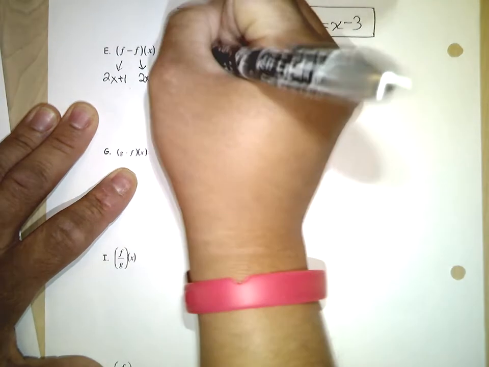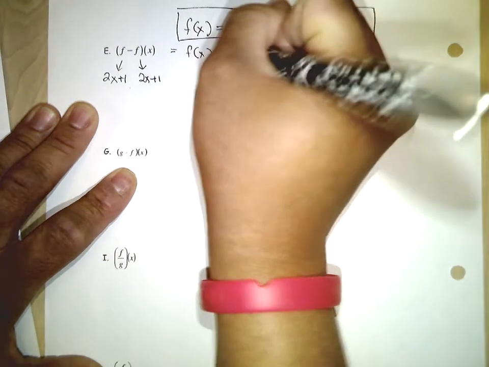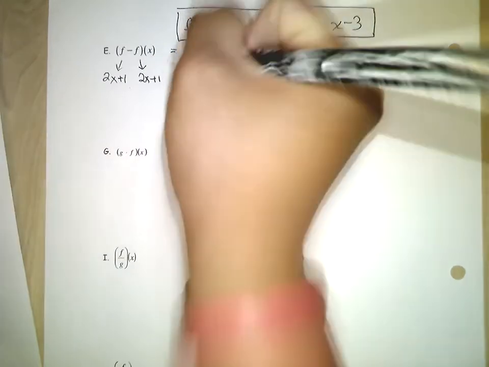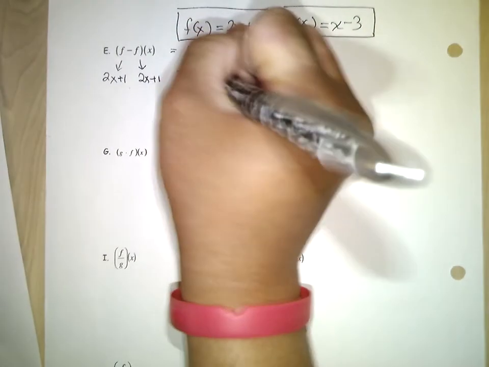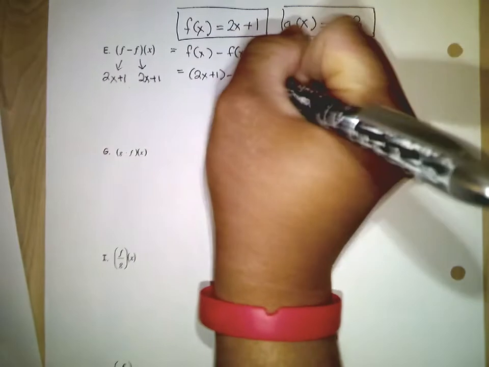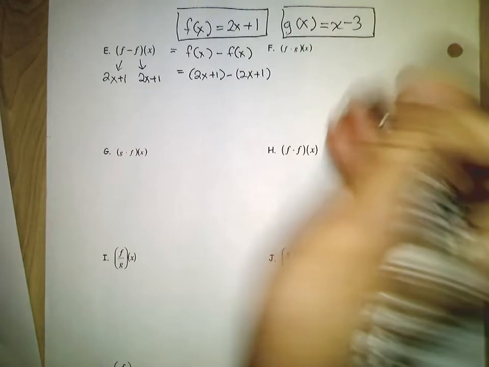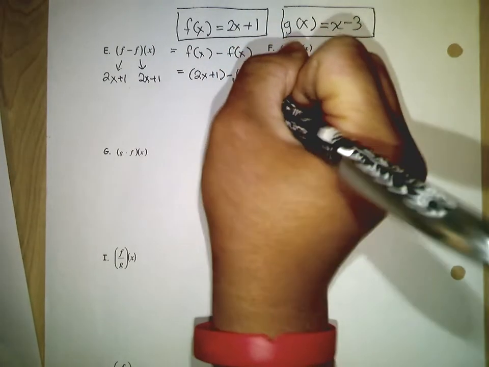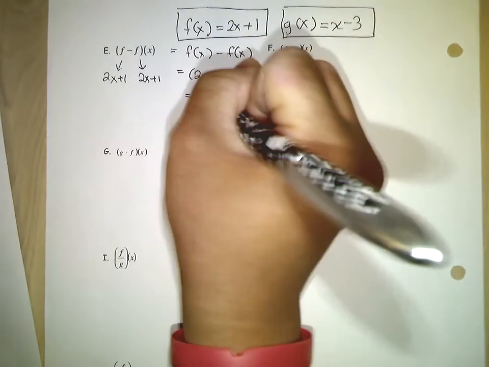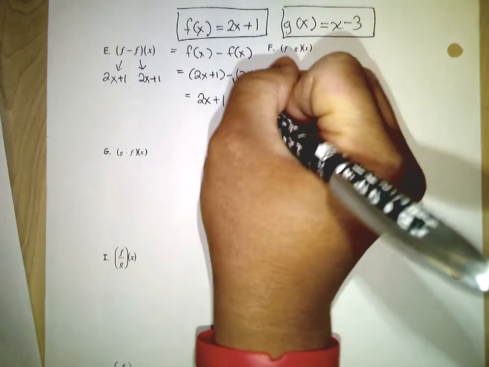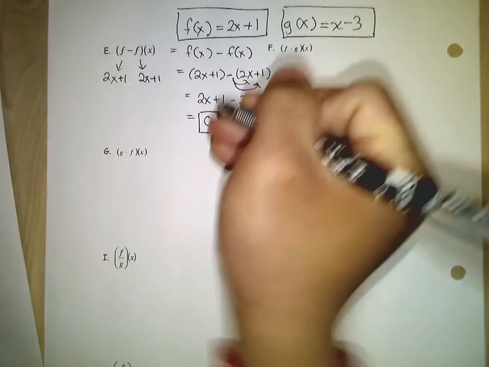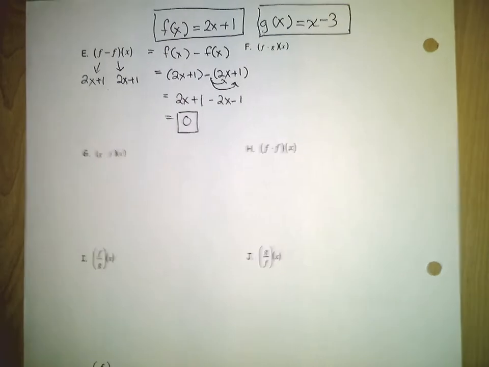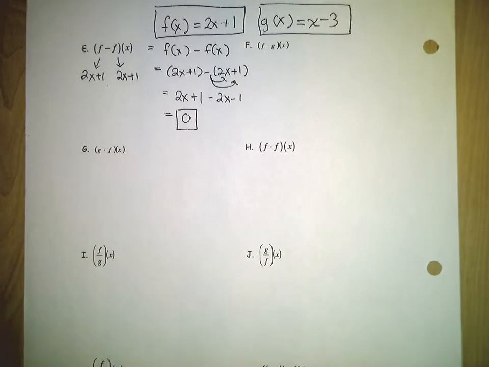Now this is f of x minus f of x, but you could substitute in 2x plus 1 and 2x plus 1 and then distribute and subtract, but the fact of the matter is f of x minus f of x is actually just going to be 0.